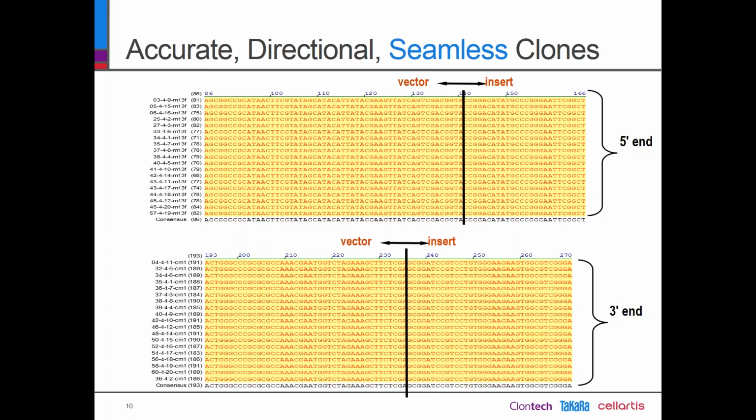So let's look at some of the features in more detail. So now we said that it's seamless, it's very accurate. So what we have done here is that we have sequenced different constructs, different clones after the cloning reaction, and sequencing data is really the most precise measurement of cloning accuracy because it can really help to avoid the false positives you often see when you just use a blue-white colony screening.